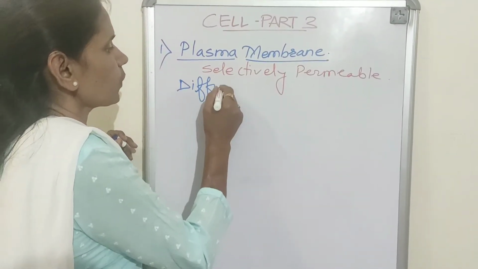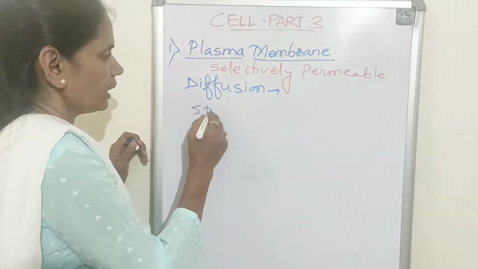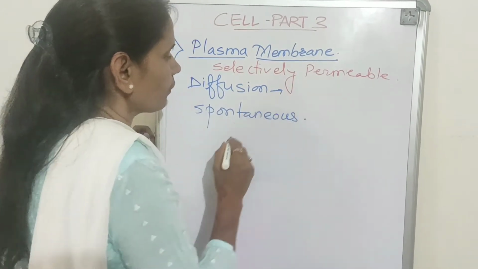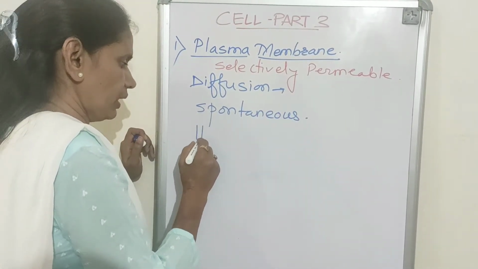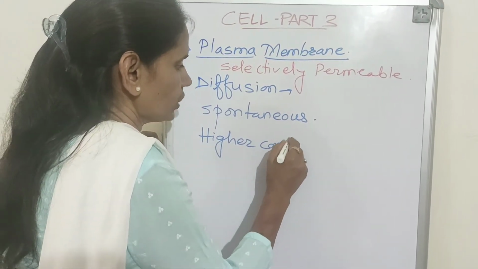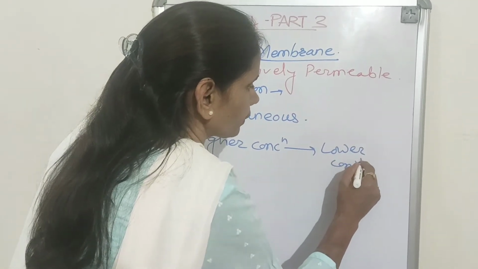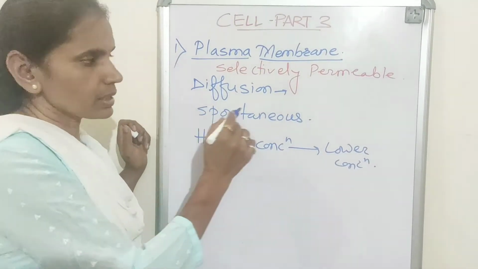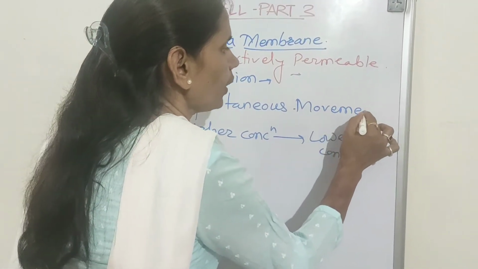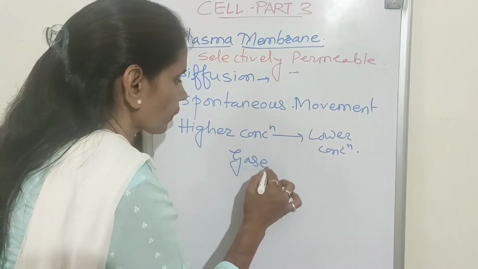Diffusion is the spontaneous movement of substances from the region of higher concentration to the region of lower concentration. For example, it may be gaseous exchange.